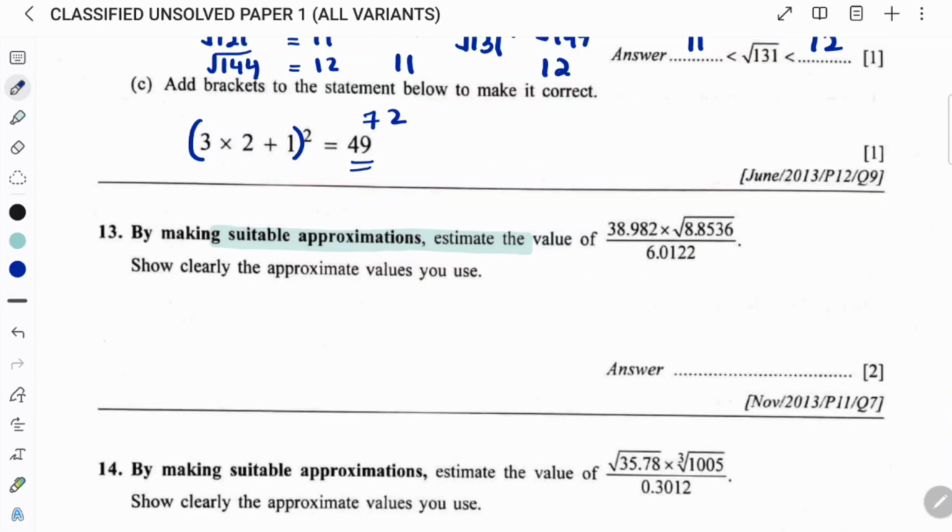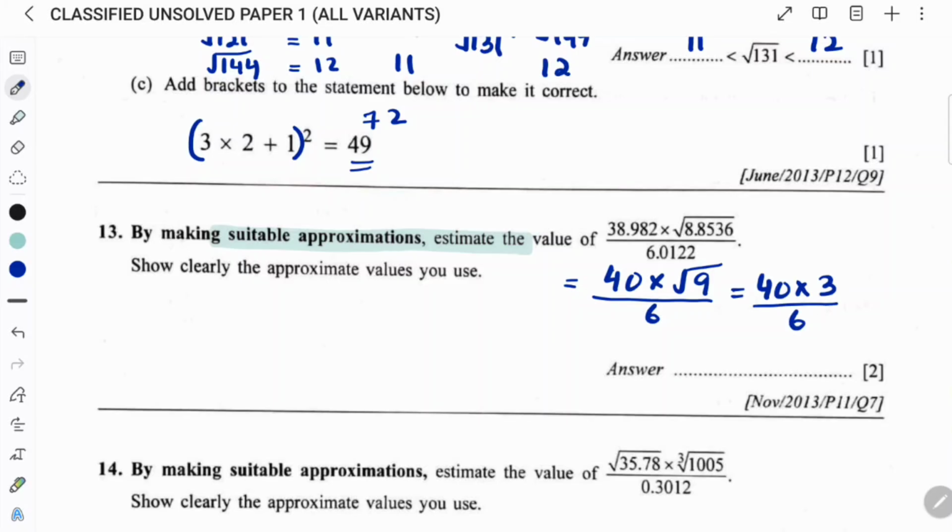Approximation means you find some number which is very close and easy to cancel or simplify. So this is 38.982, obviously we write down 40 for this one, and 8.something is in the square root, so quickly write down 9 for this, and then 6. So that is 40 times 3 divided by 6.